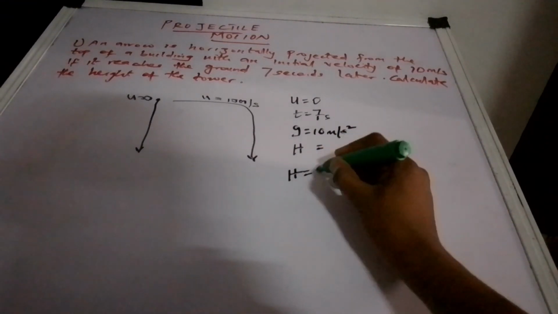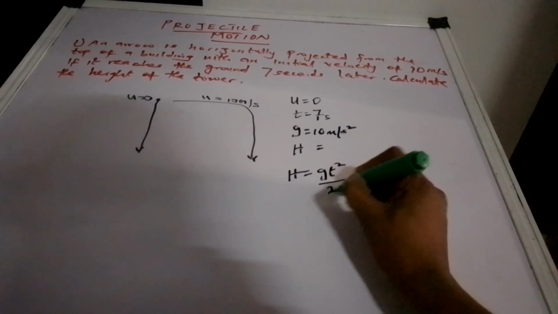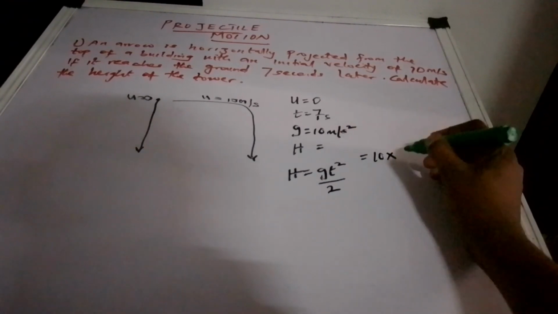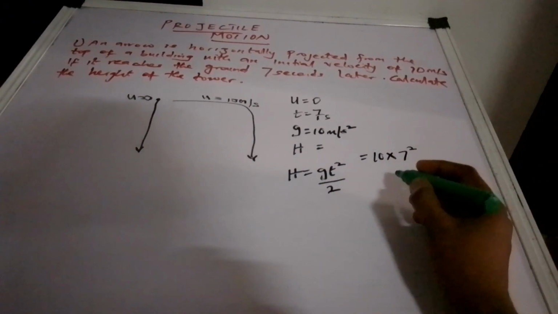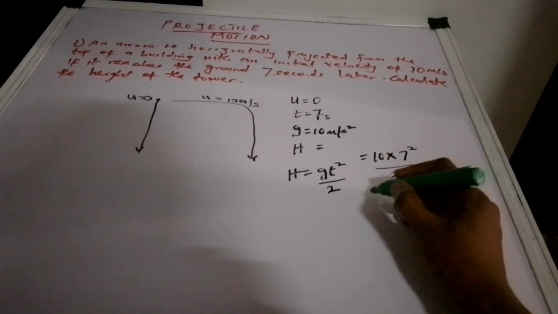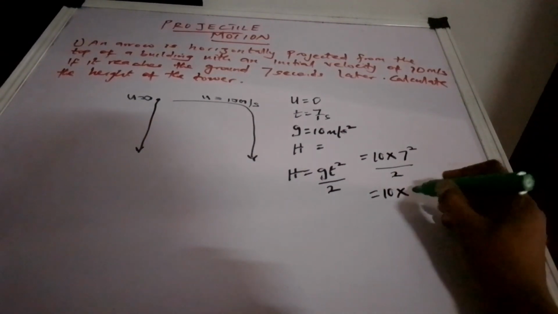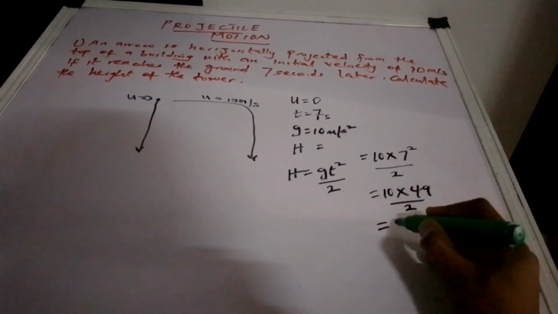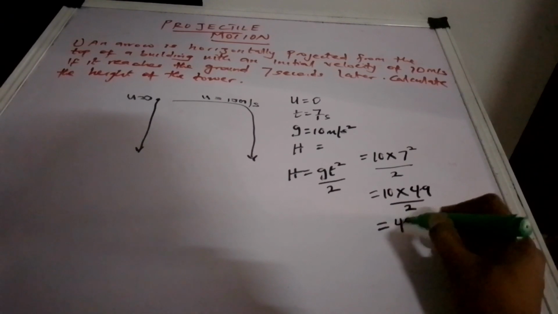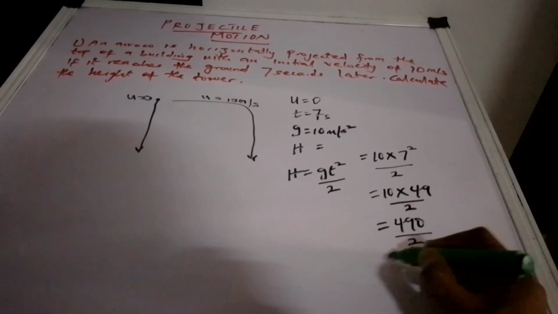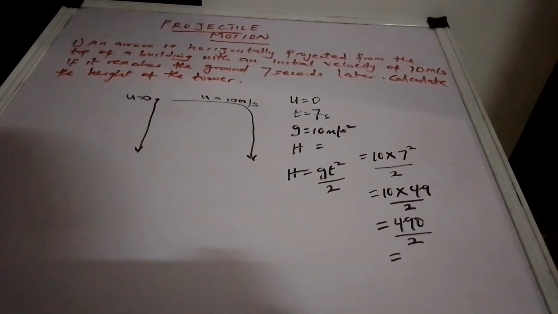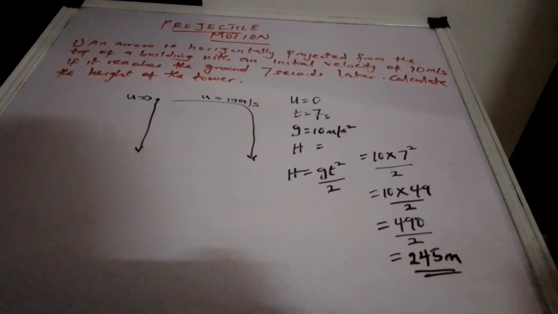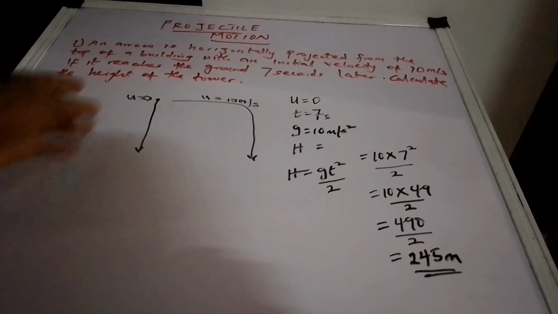Therefore h is gt squared over 2, that is half gt squared, which equals 10 multiplied by 7 squared over 2. That is 10 times 49, which is 490, divided by 2, and that is 245 meters. So 245 meters is the height of the fall.